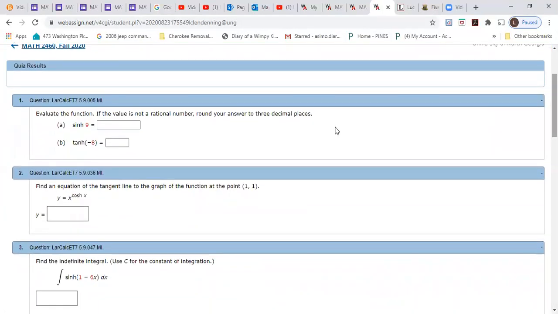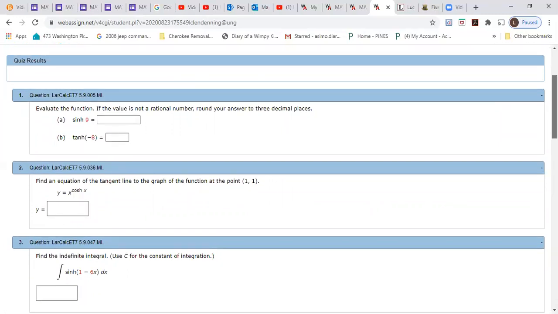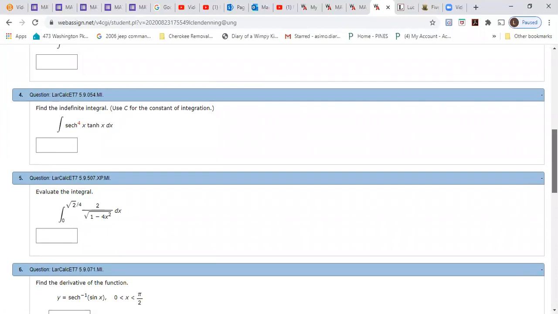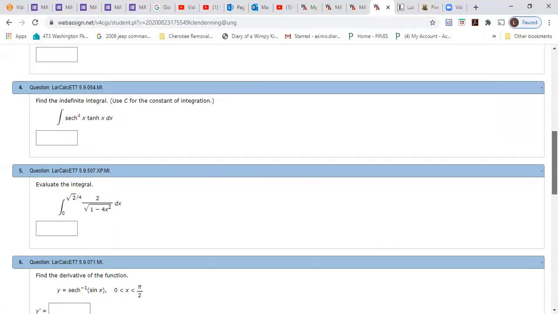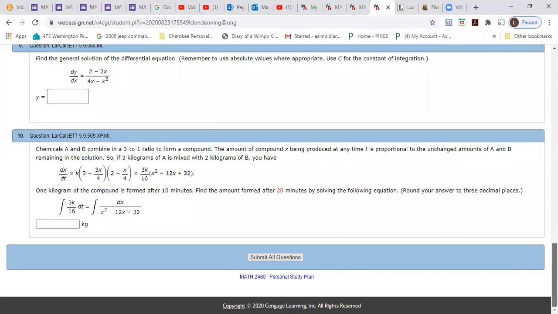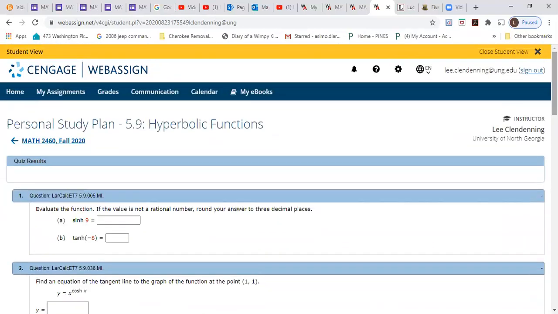So number 1, and if you have trouble finding these functions on the calculator, they're in your catalog. I can show you where they are. 3, an integral with no numbers. And 4, another integral with no numbers. Again, I'm leaving off the ones with numbers just in case WebAssign doesn't accept the decimal form. And then there's some other strange stuff here that we won't mess with. So you only have to work the problems I am asking for on WebAssign.